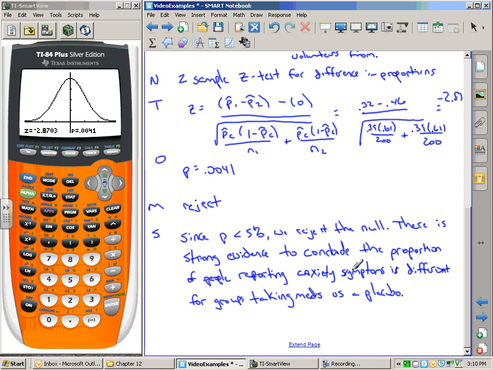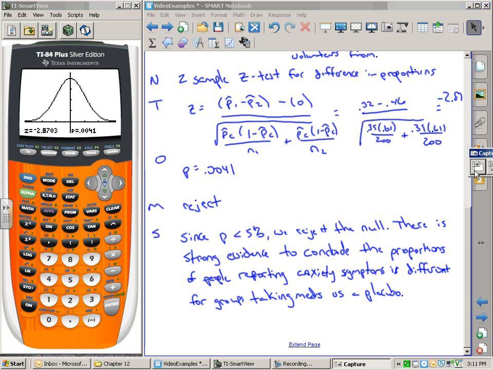Alright, so since p is less than 5%, we reject the null. There is strong evidence to conclude the proportions of people reporting anxiety symptoms is different for groups taking meds versus a placebo. And then don't forget to put your picture in there.